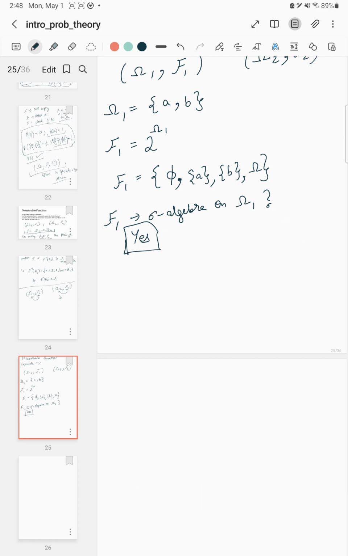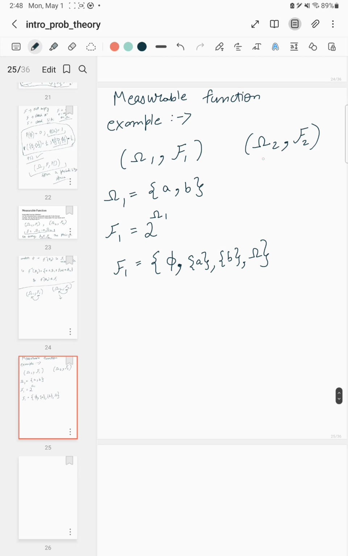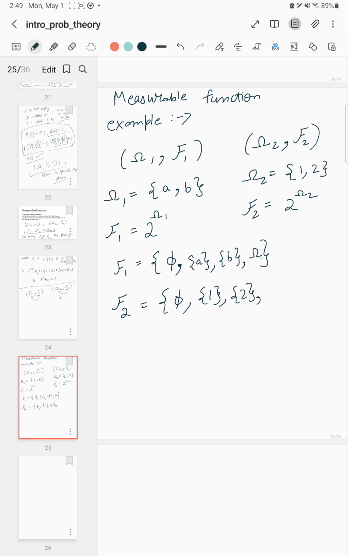Okay. Now let's define the sample space omega 2 as well. So let's say omega 2 is the set 1, 2, where f2 is the power set of omega 2. And since it's a power set, we can define it like this, and omega 2.